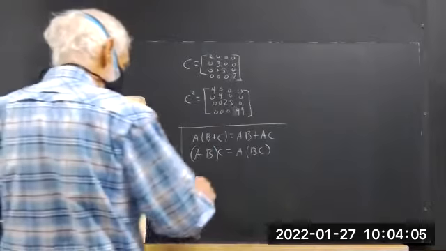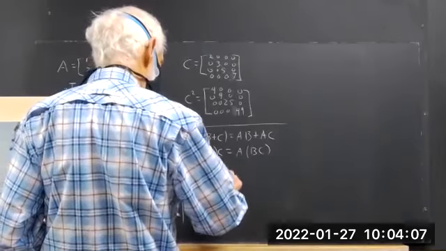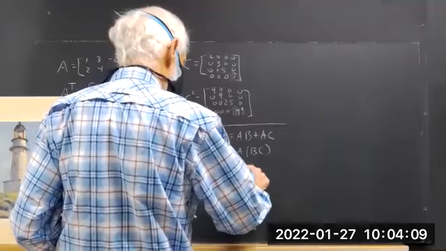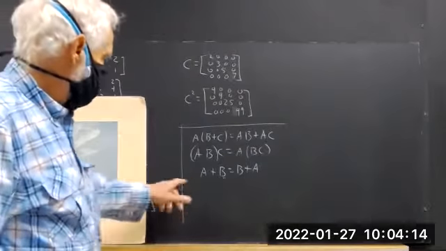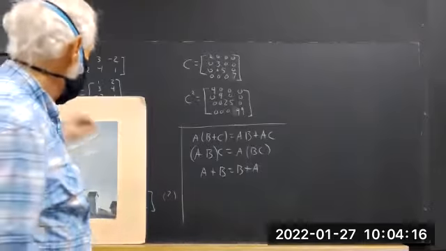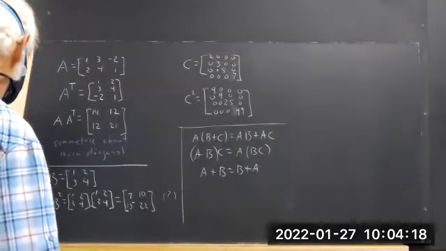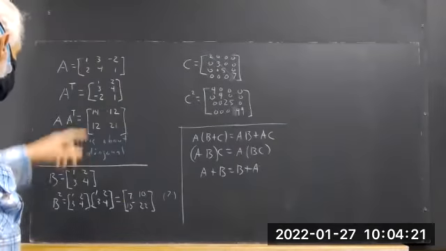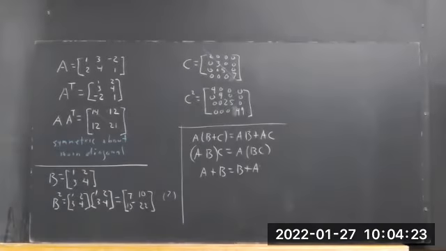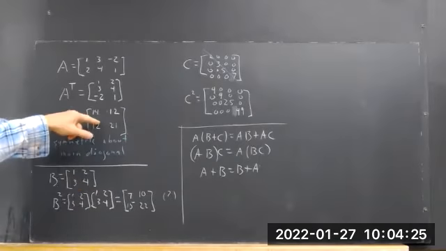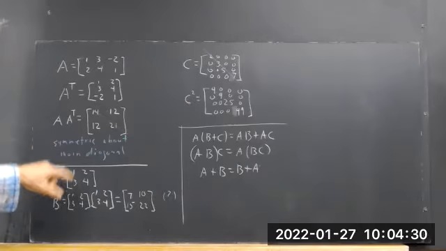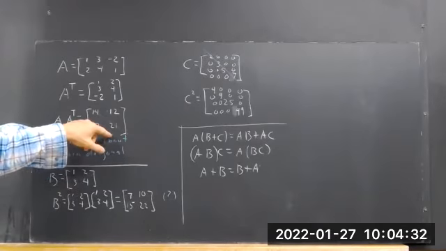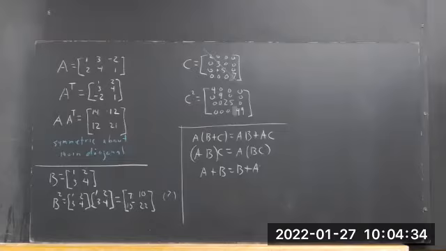There's also a commutative law. Okay? Because all you're doing if you have two matrices is adding. If I wanted to add this matrix to this matrix, I just add the 1 and the 14, the 2 and the 12, the 3 and the 12, the 4 and the 21. And I think you're familiar with that. Okay.